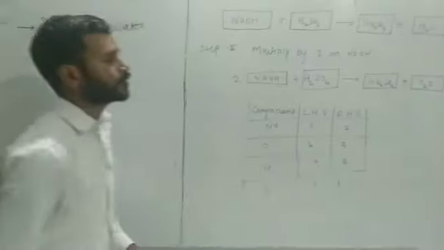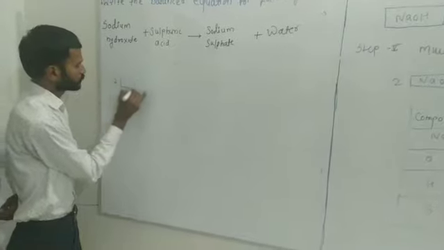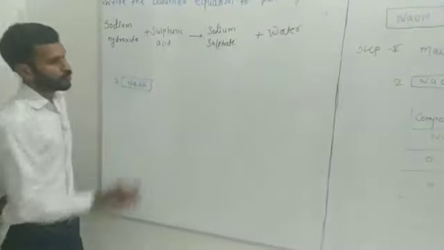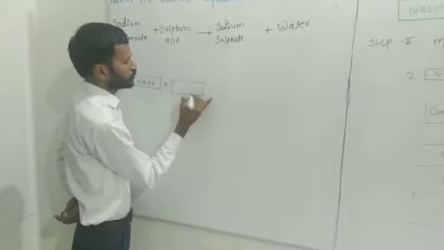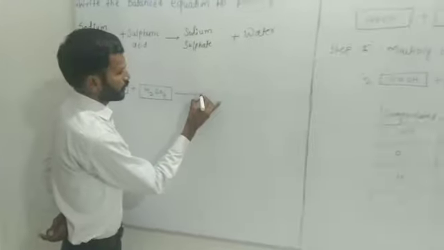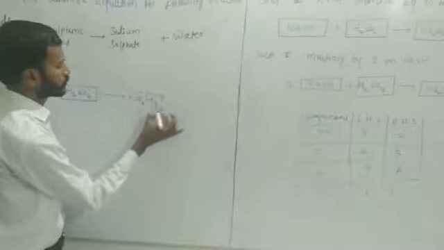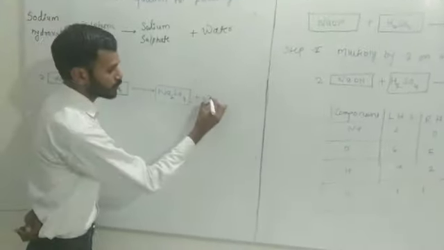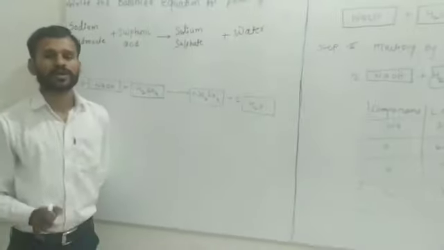So twice NaOH plus H2SO4 forms Na2SO4 plus twice H2O. Now we will check whether it is balanced or not.